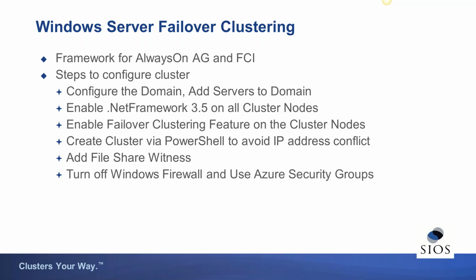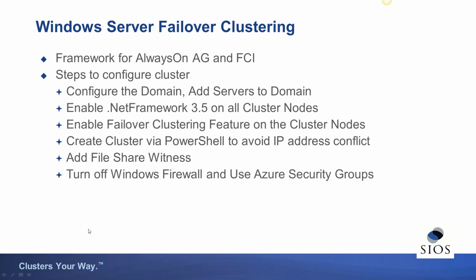All right, so we have our VM provisioned, we have storage optimized, and we're ready to get started. Regardless of whether you're going to deploy an Always On availability group or a failover cluster instance, the basis for that is going to be failover clustering. And just like on-premises, it's pretty straightforward. You're going to configure your domain and add your servers to the domain. SQL Server is going to want the .NET Framework 3.5 on all the cluster nodes.